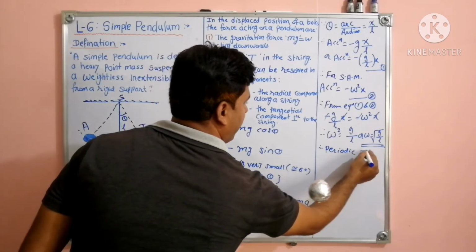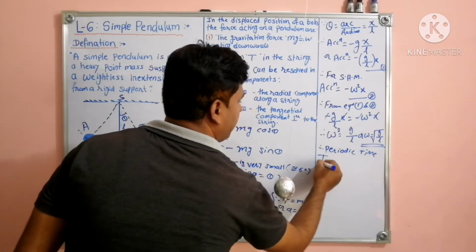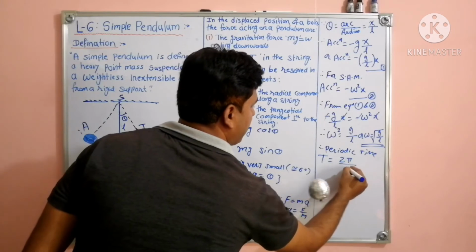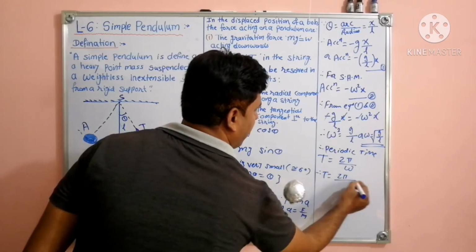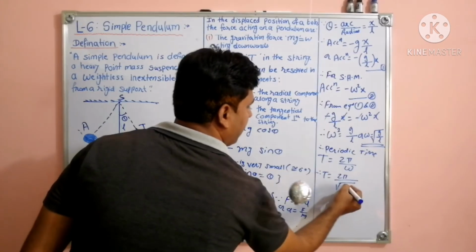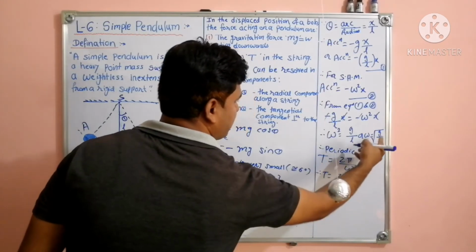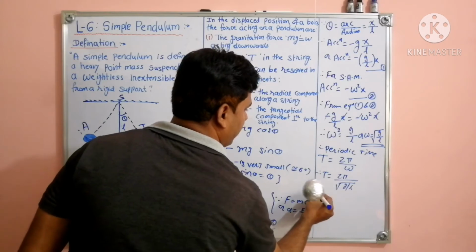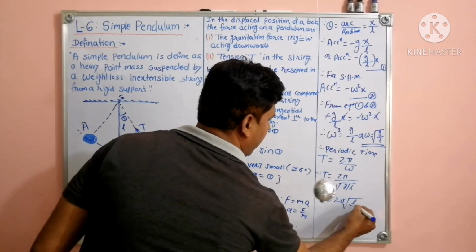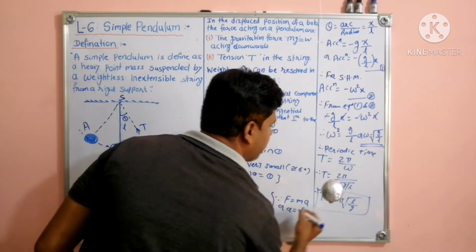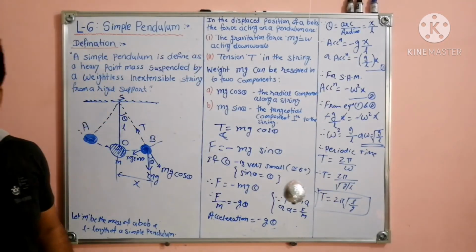Therefore the periodic time T equals twice pi by omega. So T can be written as twice pi upon under root of g by L, since omega is under root of g by L. Therefore T equals twice pi under root of L by g. This is the time period of the simple pendulum.